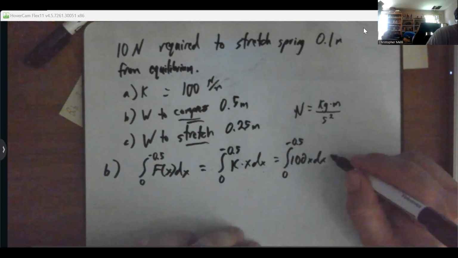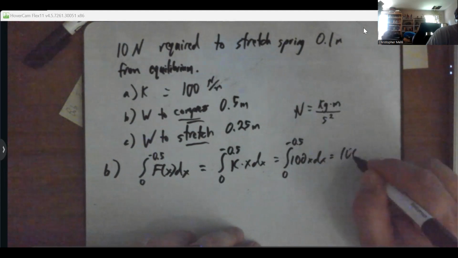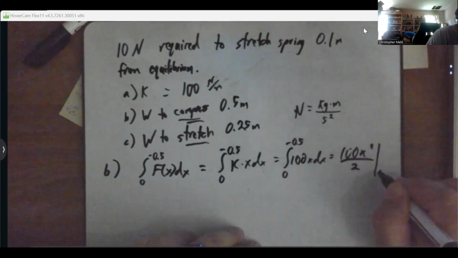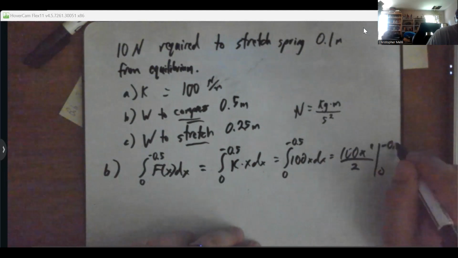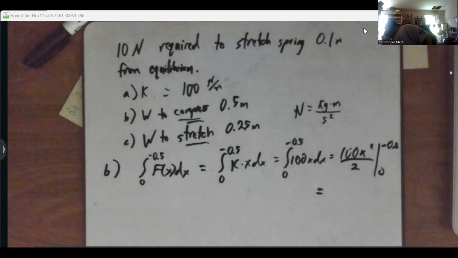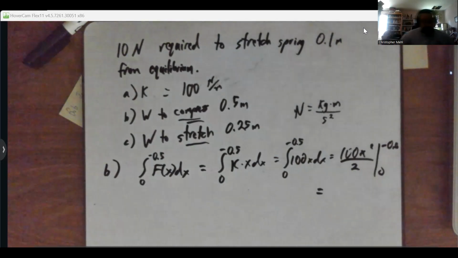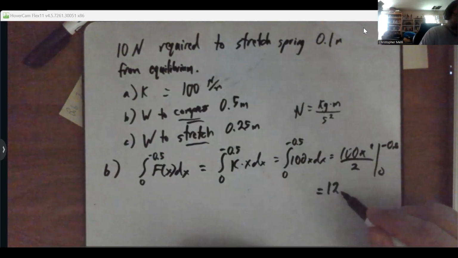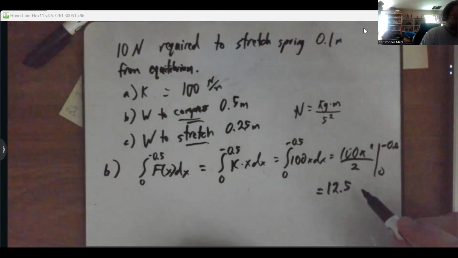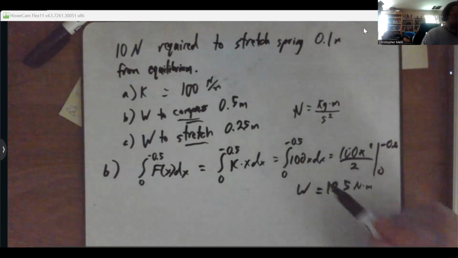And so this gives us 100x squared over 2, so 50x squared, evaluated between 0 and negative 0.5, and that works out to be 12.5. Okay, and it's newton meters because it's work, so that's the work.